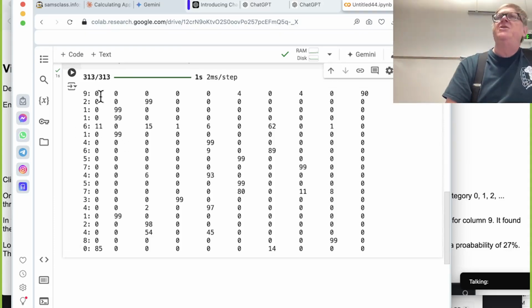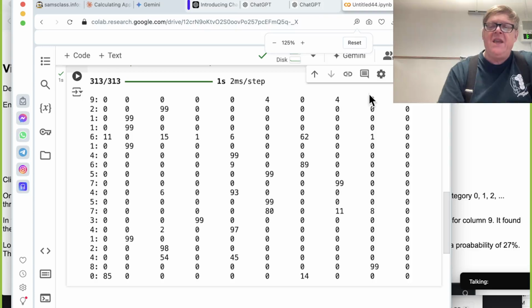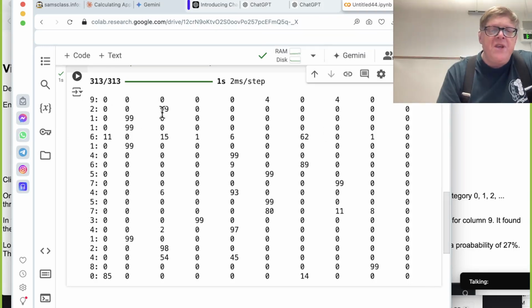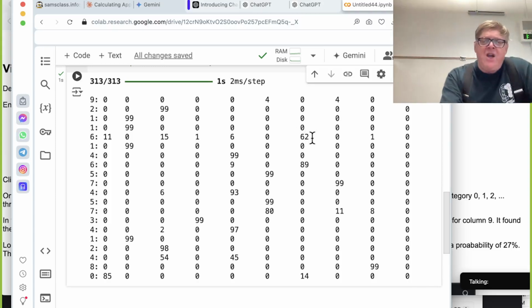This is the probability that it's number 0, number 1, number 2, up through number 9 type category. And so here you see the right answer. The right answer is category 9, and the model gave it a 90% chance of being a 9. So it did a good job in that case. Here's 2, and it's mostly a 2. Here's 1 and 1. If you look for ones that are low, this one's really a 6, and it was only 62% confident.